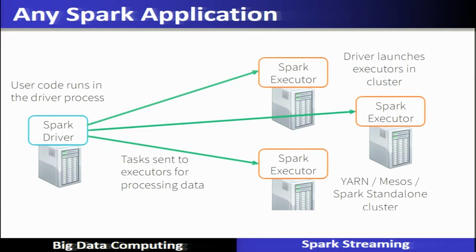Before that, let us first understand the Spark application. In the Spark application, the Spark engine has the processing in terms of the driver program, which communicates with the executors running on different nodes of the cluster.